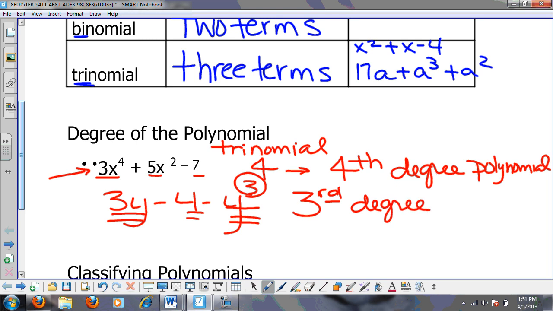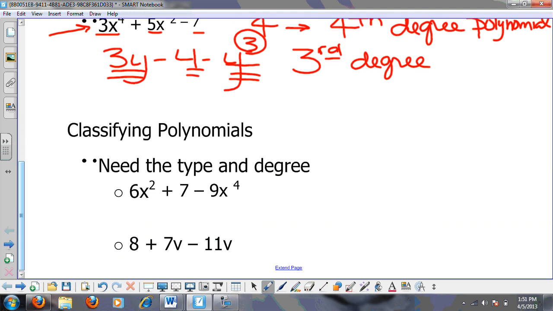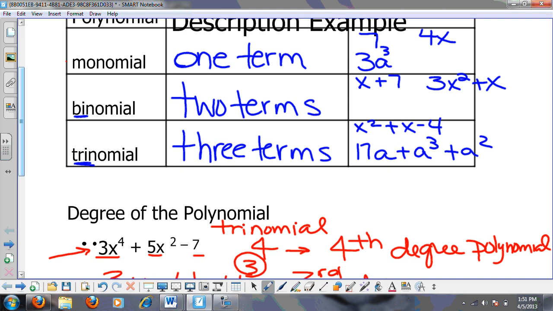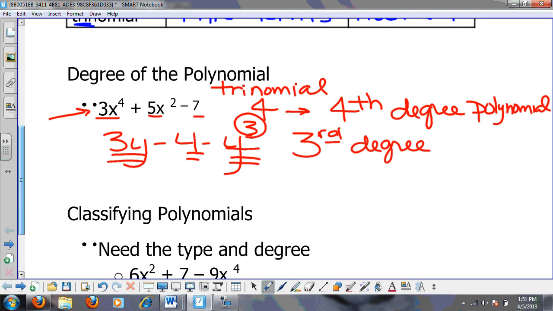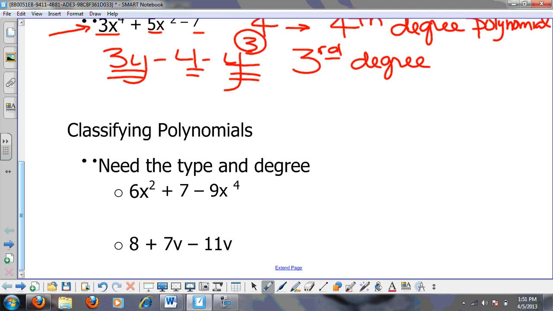Okay. What about classifying polynomials? In other words, we need to know the type and the degree. So is it a monomial, binomial, trinomial? And what is its degree? Okay? 6x squared, 7, 9x to the 4th. 3 different terms.